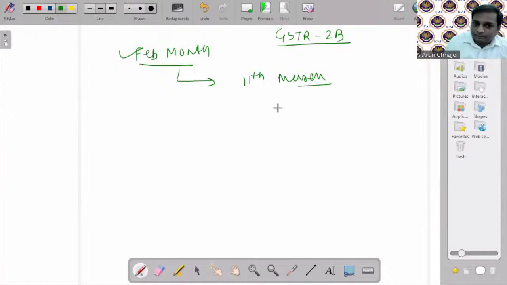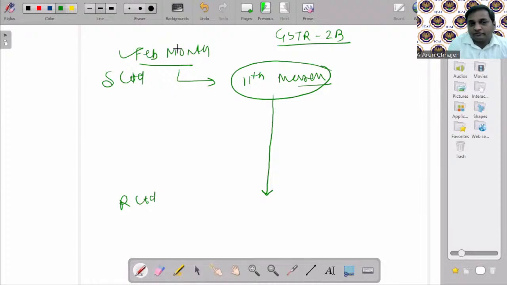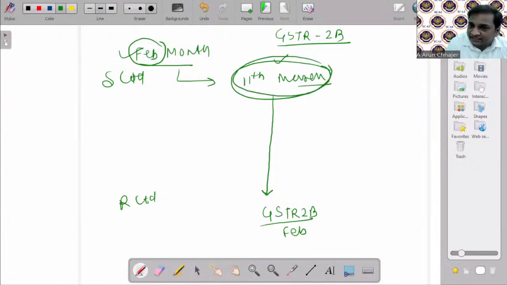Say the supplier is S Limited and the recipient is R Limited. If the supplier filed the GSTR1 of Feb by 11th of March, the due date, then it will appear in the recipient's GSTR2B of Feb month itself.